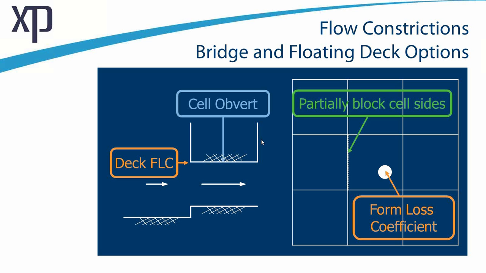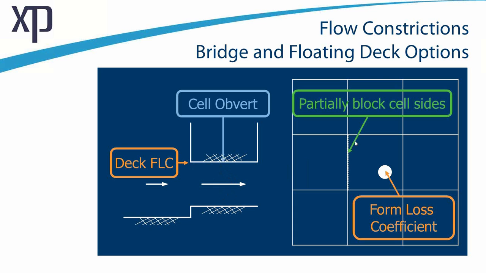So when you're modeling these structures in 2D, the types of things that you can do is to put a lid on the cell, such as a bridge deck, which means that your flow area remains constricted to that below the lid. You can apply additional energy loss once the water starts to surcharge against the deck. Plus you can apply an energy loss through the water column for bridge piers or other small fine-scale losses.